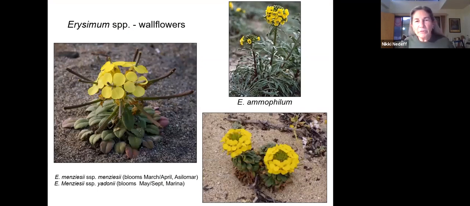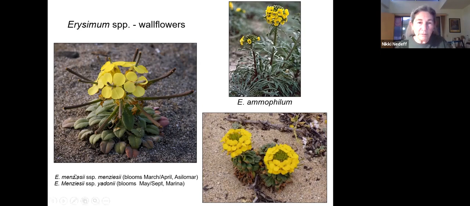Really interesting members of the Brassicaceae, again, the four-petaled, classic cross-shaped family. Here are two members of the Erysimum genus, Erysimum ammophilum, the coast wallflower, and Erysimum menziesii, the Menzies wallflower, named after Menzies, a Scottish botanist. Now, Erysimum menziesii has two subspecies, very interesting.